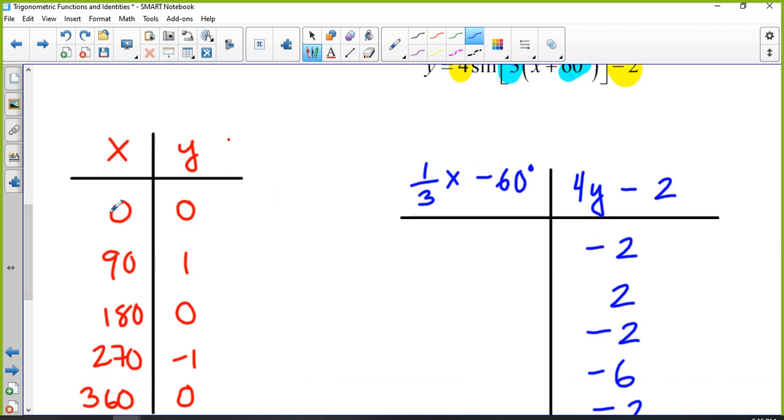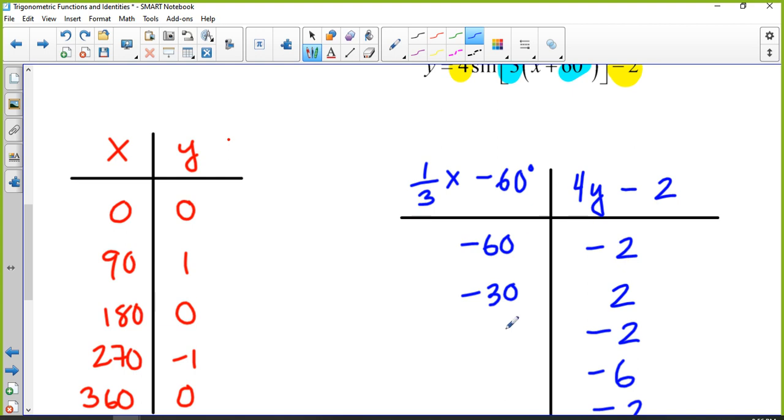So 1/3 times 0 minus 60 is negative 60. 1/3 times 90 is 30. And 30 minus 60 is going to be negative 30. Next, we're going to take 1/3 of 180. So 180 multiplied by 1/3 is 60.